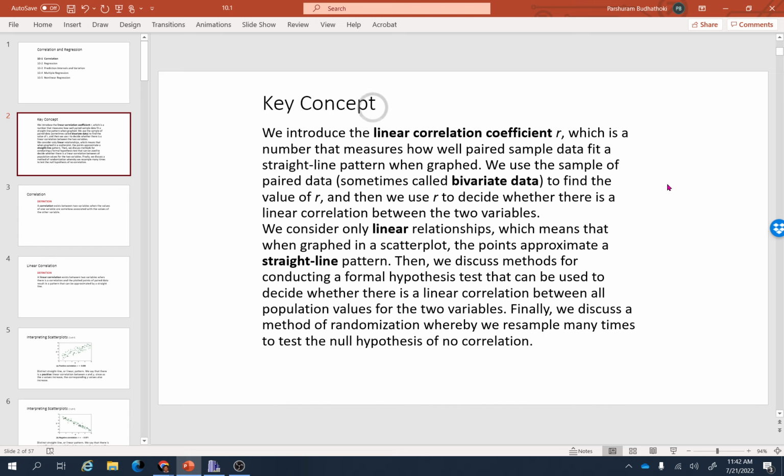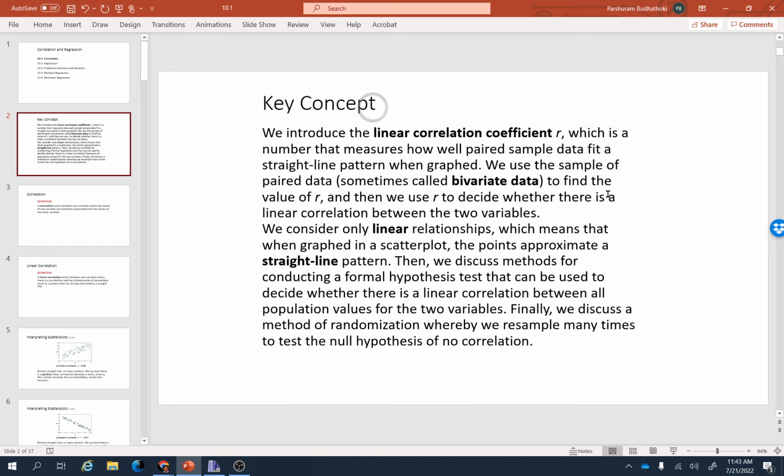Whenever you have a set of data, you can say that one is x values and another one is y values, and you can plot the data, and that gives you some kind of graph. Based on the graph, if it looks linear, like a straight line, then that's called linear correlation.